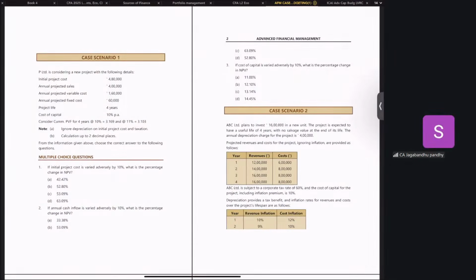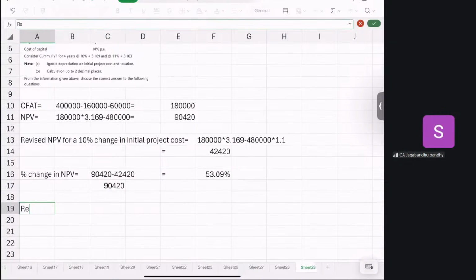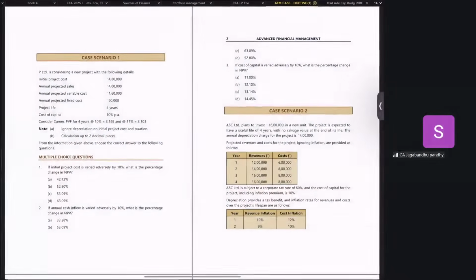Now for the second part, annual cash inflow is varied by 10%. So I need to compute the revised CFAT. Revised CFAT is going to be by reducing the annual cash inflow by 10%.